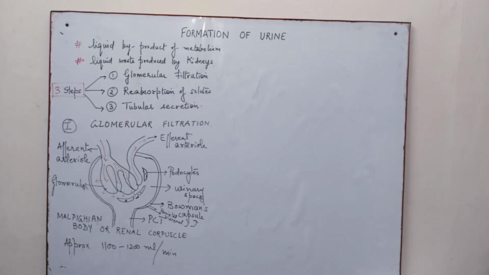Now the blood is filtered through these membranes, that is the three membranes we have talked about, and also through the slits of the podocytes. When the blood is being filtered, all the soluble substances present in the blood pass through, except the proteins, which are macromolecules, and other large blood cells.